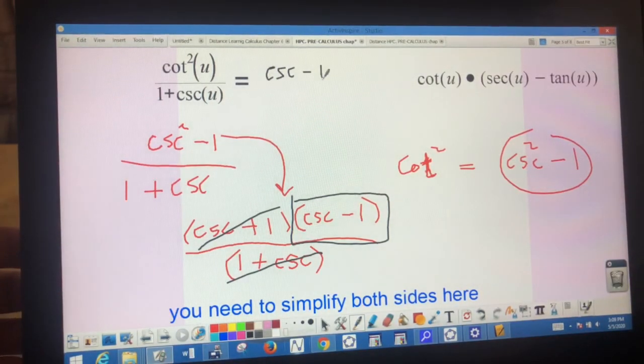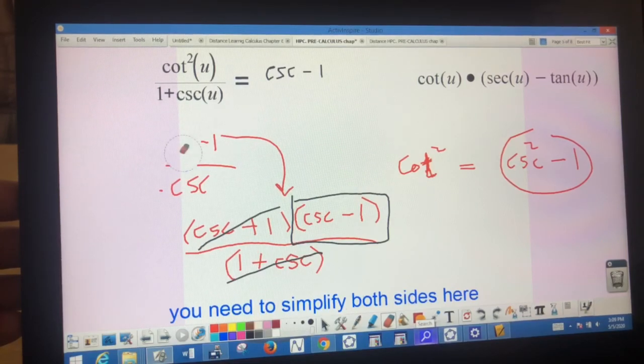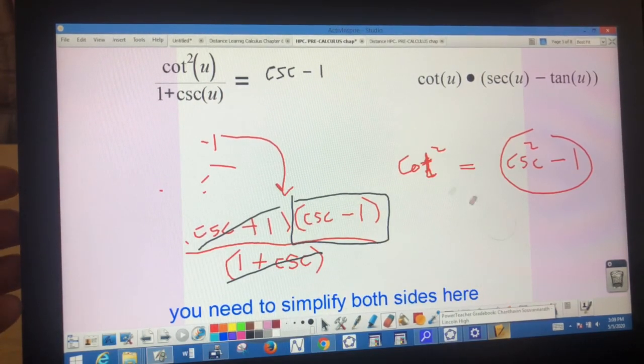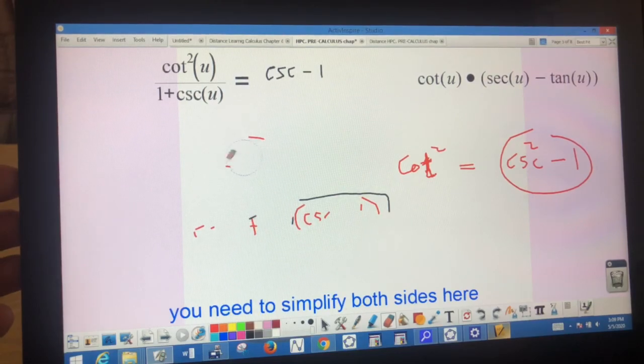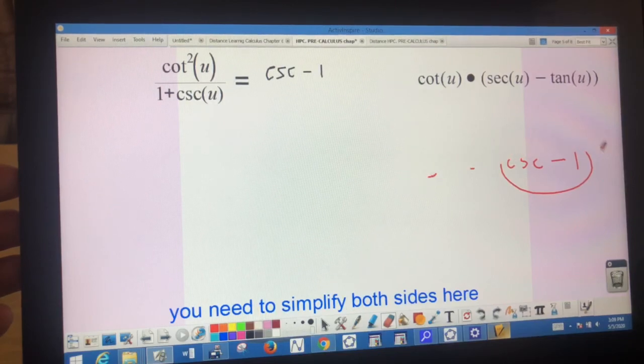I know it's cosecant of u, and sometimes I'm too lazy to write those. If you haven't really figured this out, pause the video or go back and rewind it and watch it again on how I simplified the left side. So I don't need those anymore. Now on the right side, when I work on the right side, I have to get this same answer. Okay, so let's see how that's going to go.